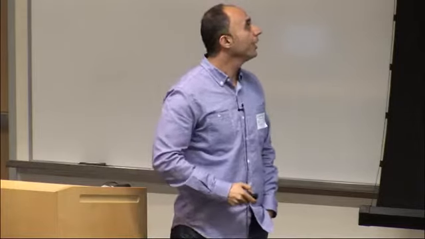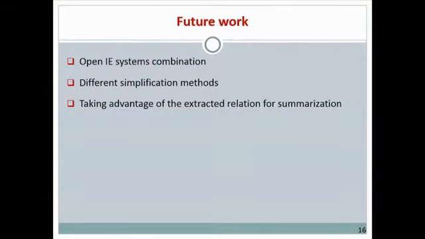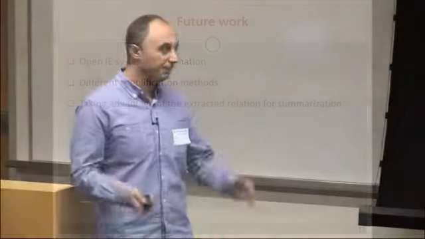If you come to our poster, we talk about review summarization as well. And for future work, we are thinking of using some systems in combination or different simplification methods. Also, we are trying to take advantage of such extracted relations for summarization. Thank you very much.